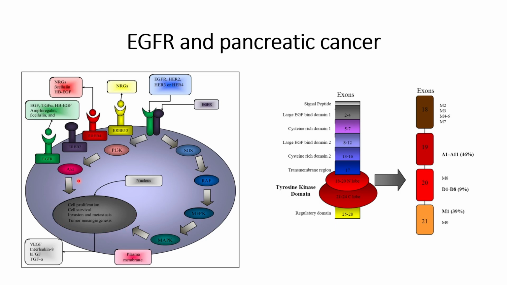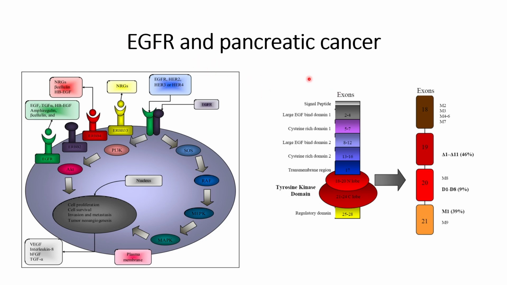Because of all these changes, the cell will also produce some cytokines such as VEGF, interleukin 8 beta, EGF or TGF alpha, and this will also help the cells to maintain their characteristics.